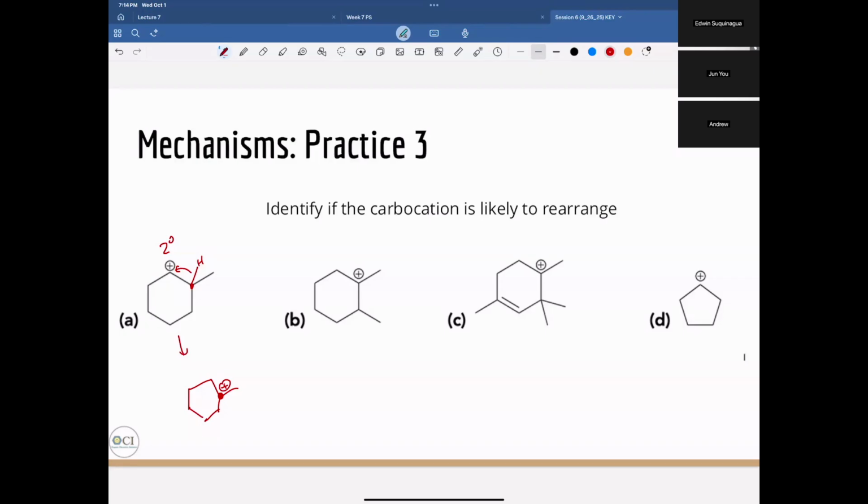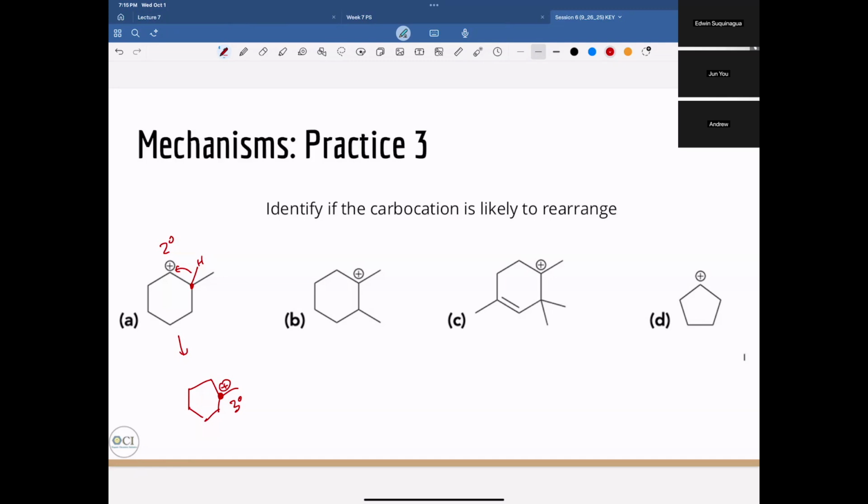So now this positive charge is on a tertiary carbon. And we know that a tertiary carbocation is more stable than a secondary, right? So in this case, a carbocation rearrangement is likely to occur. Does that make sense?